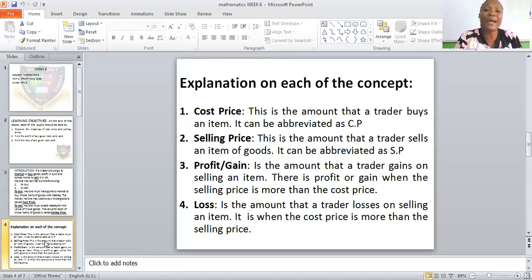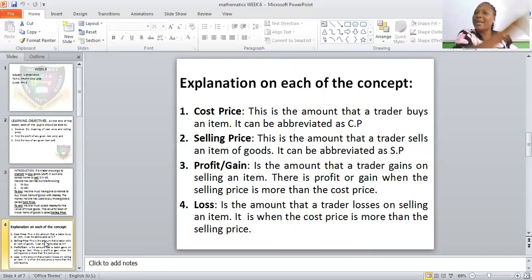CP. Selling price. This is the amount that a trader sells an item or goods. It can also be abbreviated as SP. The amount that he buys is called cost price. The amount that he sells, remember I said a trader will do two things.